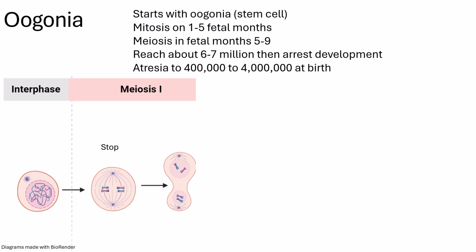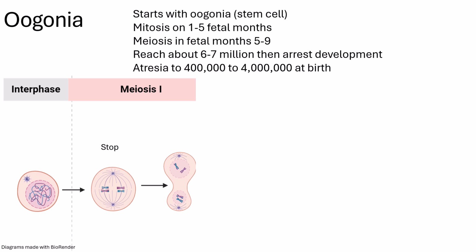But some of them are stimulated to grow into a slightly larger cell, which is called a primary oocyte. These are cells that have begun their first cell division of meiosis in fetal development. They don't complete it, and they remain suspended in this partial state of division until a date much later in the individual's life.